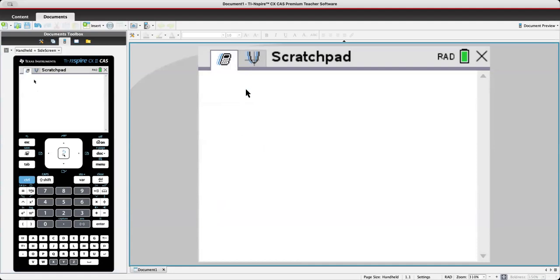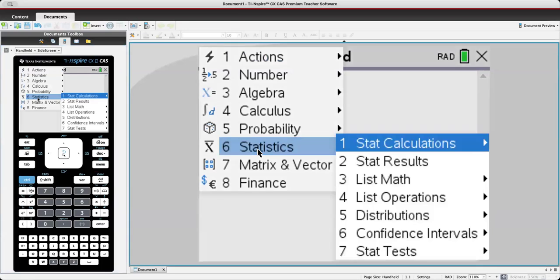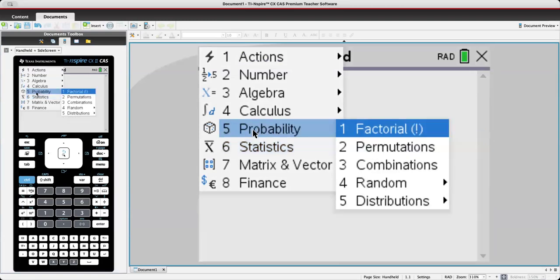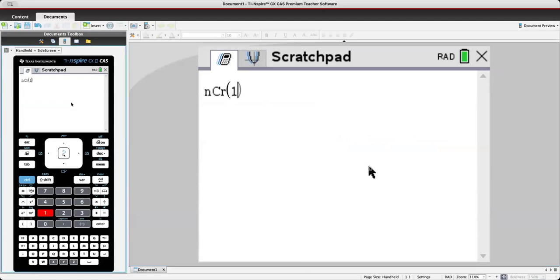Okay, so we're going to go to menu, statistics, and then, oh, sorry, I made a mistake. That's the next one. Go to probability, and then we do combinations. And then we're going to put in 10, 7 and hit enter.